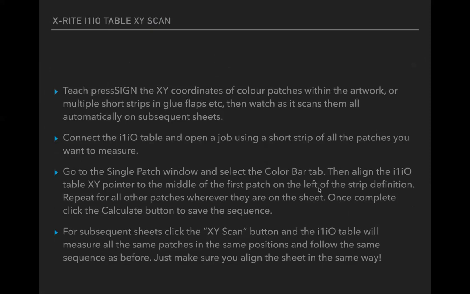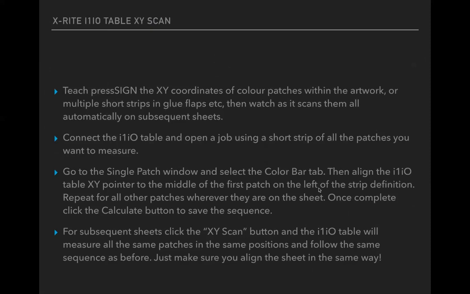However, in numerous packaging environments, there isn't enough room in the color bars for a long color bar with all the patches that we want, so you put them in glue flaps or in places of low importance from an aesthetic perspective.